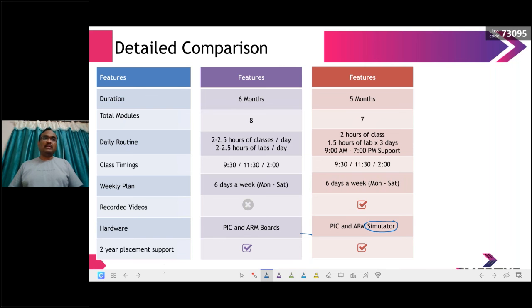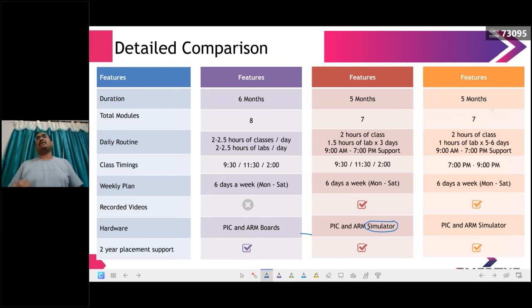Now online evening looks very much the same as online regular except for the timing. Since it is aimed mainly at working professionals, the timings are fixed. You can see the class timings are fixed every day from 7 p.m. to 9 p.m. And instead of 1.5 hours into 3 days of lab explainer sessions, here it will be 1 hour into 5 to 6 days.